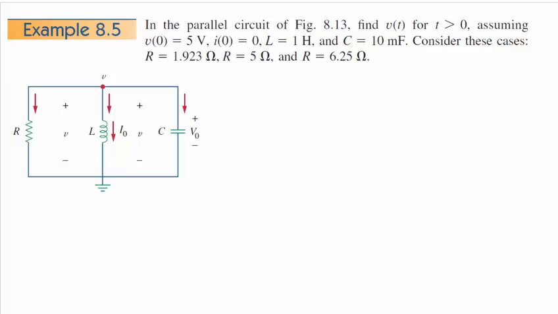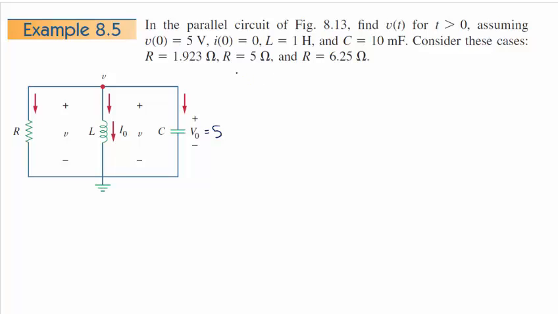Okay, so let's do this example that's in your textbook. Rather than starting at KCL and writing the full differential equation right here, we know enough about this circuit that we can start figuring out some things without going through a formal differential equation solution. So we have that V at time 0 is 5 volts. So this is one of our initial conditions, right?